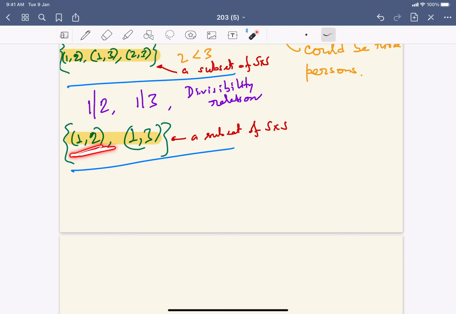So 1 comma 2 lies inside this subset of S cross S, but 2 comma 1 does not. So 1 is related to 2, but 2 is not related to 1, okay?